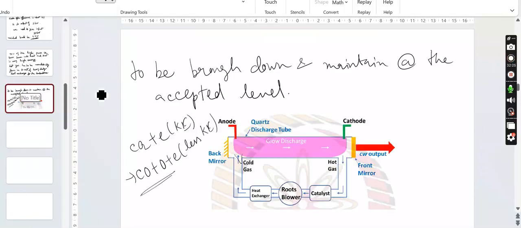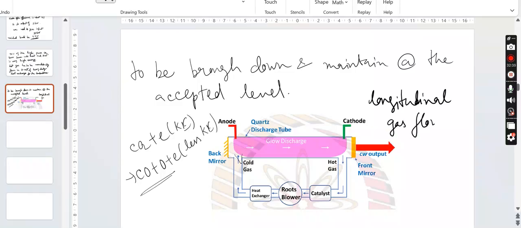So here it was longitudinal gas flow with longitudinal pumping. The gas flow was also longitudinal. Here it is transverse gas flow.